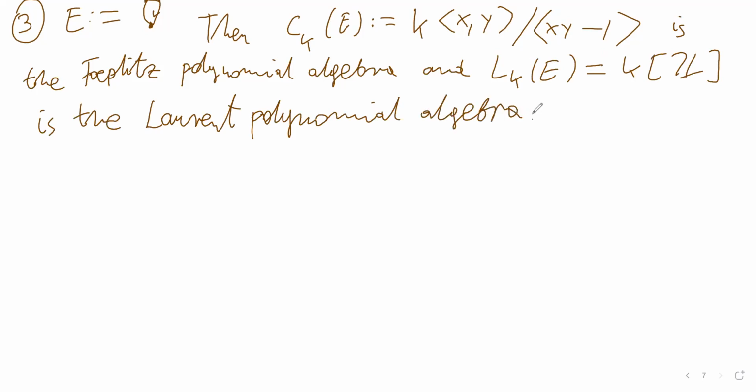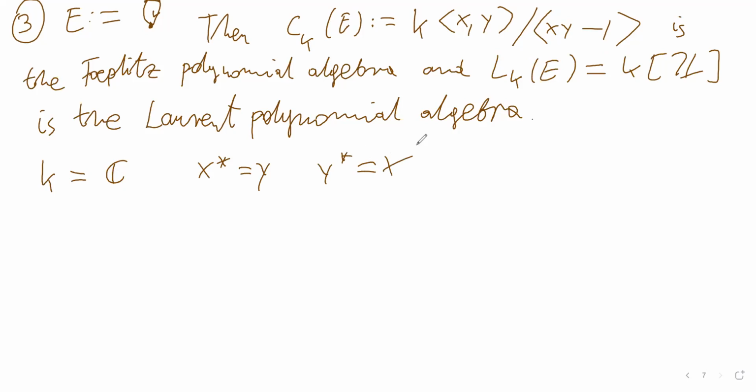But let me comment. These are very simple examples. We have nothing to prove here. Just enjoy it. But why are these examples so important? Well, nobody can stop me from taking K to be the field of complex numbers. I can just introduce the star structure, saying it's a star algebra with x star equal to y and y star equal to x.